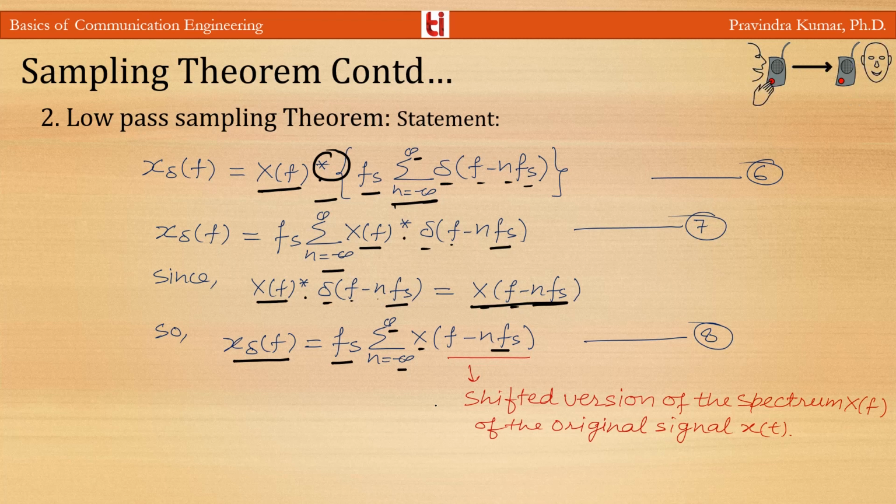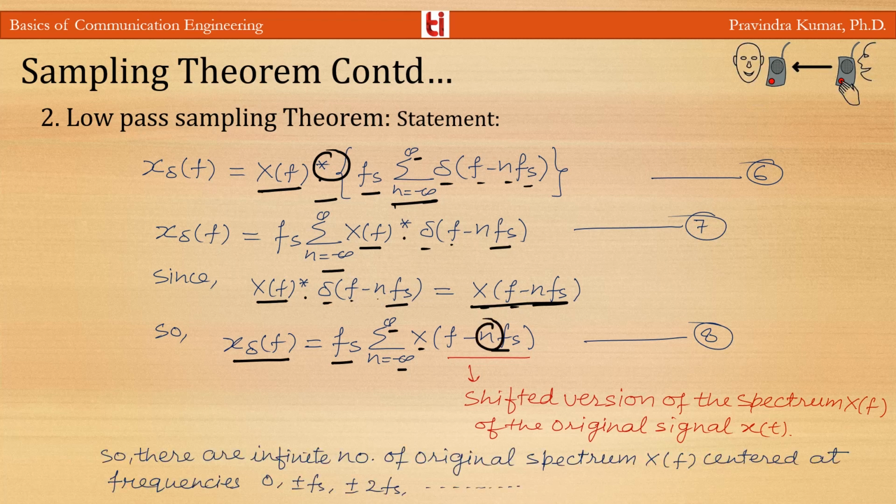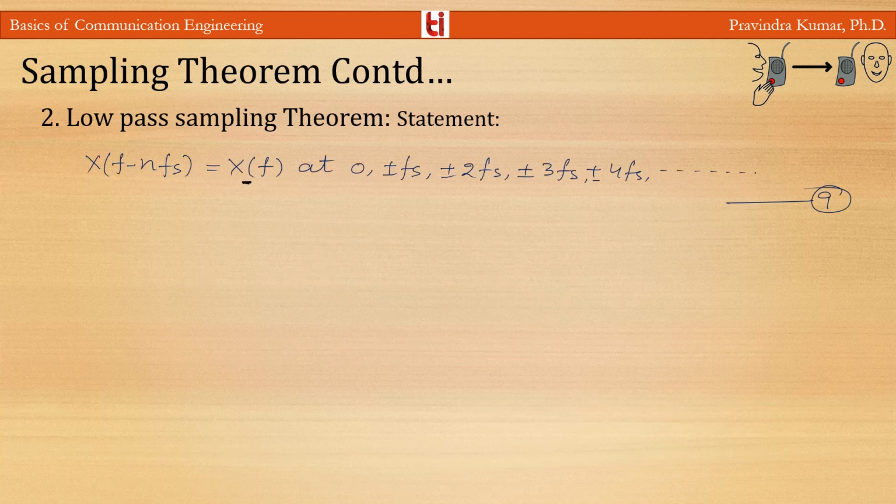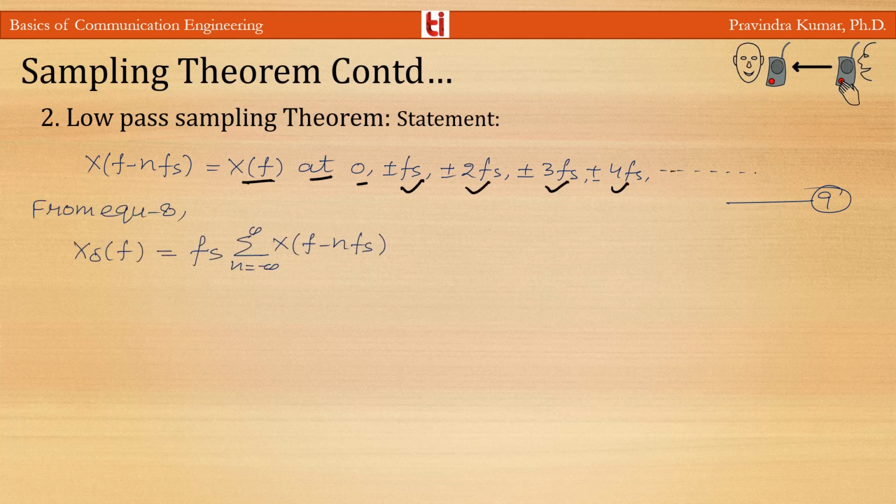So depending on the value of n, we will get an infinite number of original spectra X(f) centered at the frequencies 0, plus minus fs, plus minus 2fs and so on. So we can represent X(f minus nfs) as fs at frequency 0, plus minus fs, plus minus 2fs, plus minus 3fs, plus minus 4fs and so on.